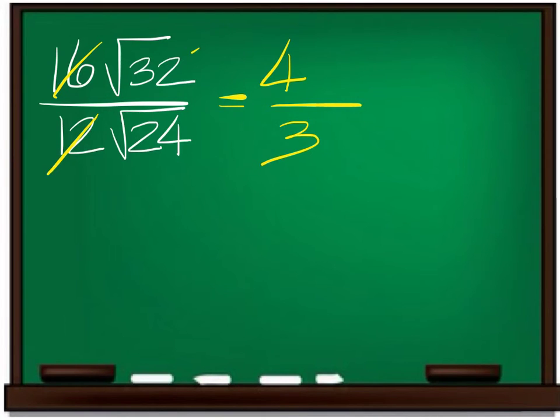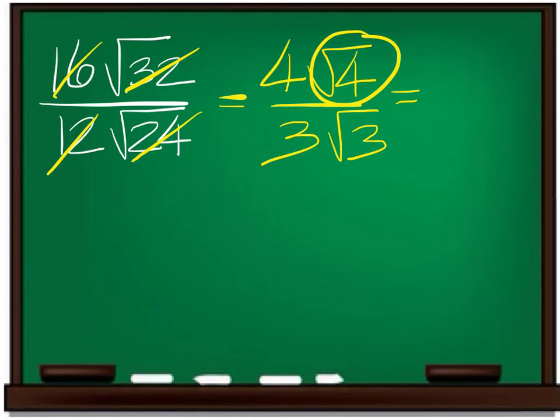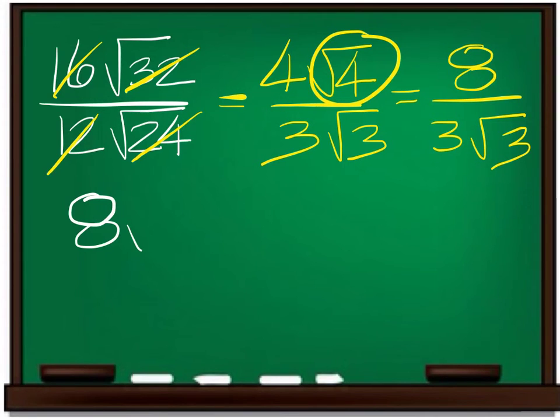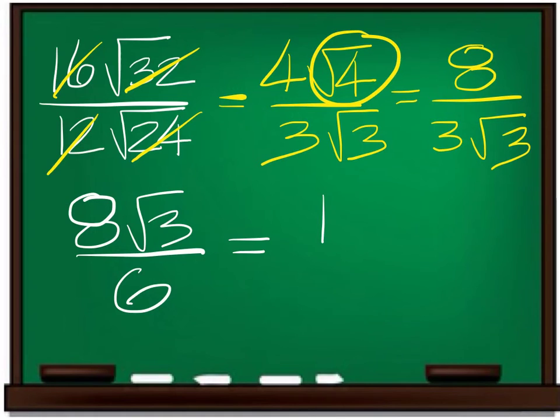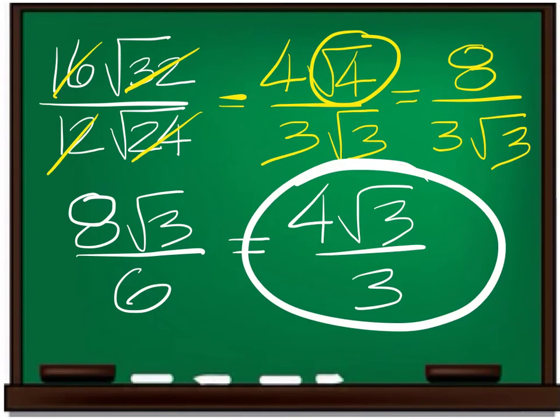And then for this one, cut it down by 8, so it's square root of 4 over square root of 3. And this goes to 2, so we really have an 8 over 3 square root of 3. If I multiply the top and the bottom of that by square root of 3, I get 8 square root of 3 over 6, which reduces down to 4 square root of 3 over 3.